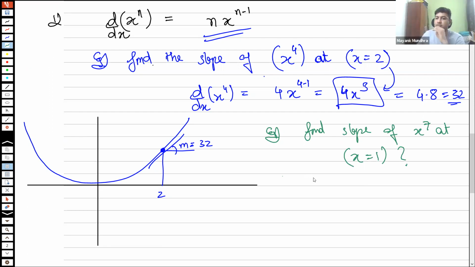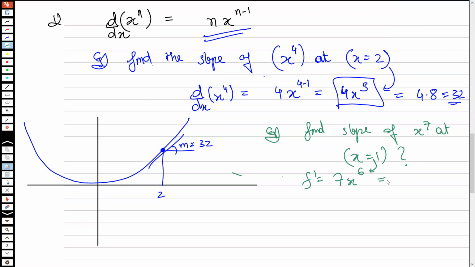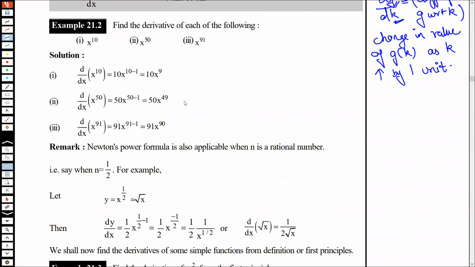So f prime is 7x to power 6. And then when you make this substitution, you get 7. That is how we do it. Sometimes they will give you the value of x to find the slope. Sometimes they won't. As you can see in these examples, they have not asked for the slope at any particular point x.